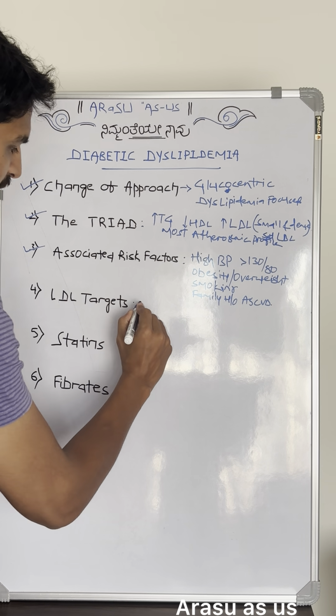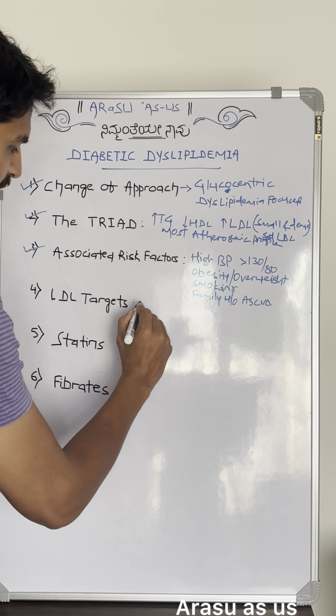So when should we use moderate intensity and when to consider high intensity? As we discussed here, diabetic plus established ASCVD. For example, the individual might have a past history of MI or stroke. We have to consider high intensity in such individuals.